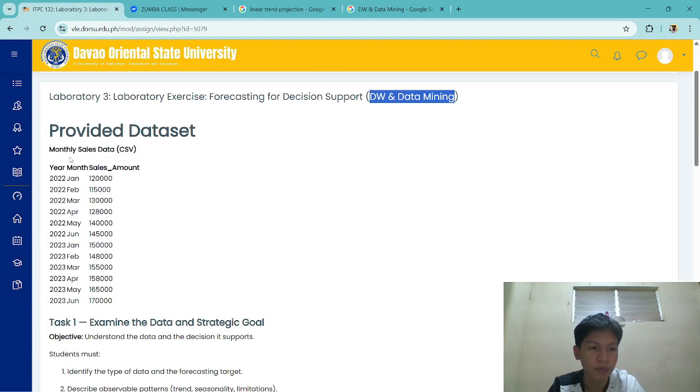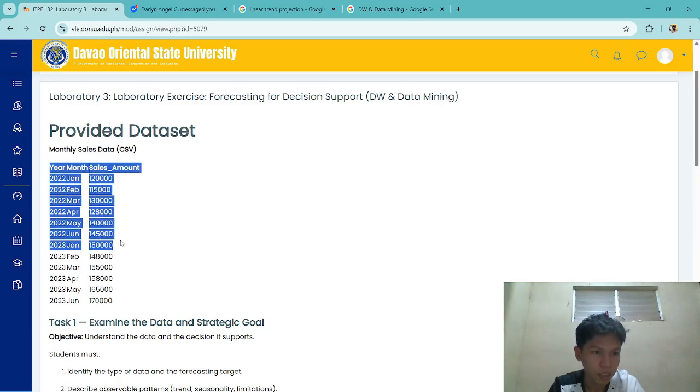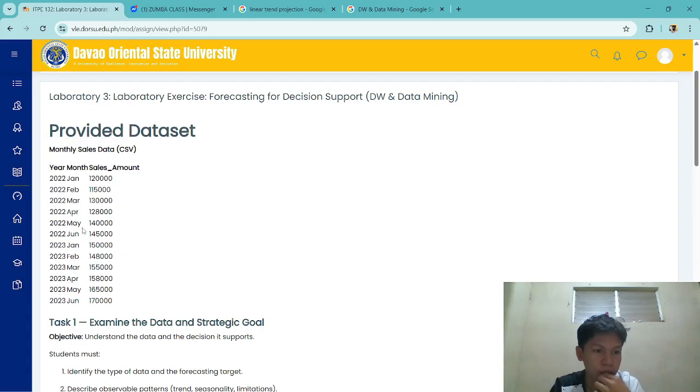So first of all, this is our provided dataset in CSV format. You can see the year, the month, and also the sales amount for each month. As you can see here, 2022 runs until mid-year, meaning January until June.